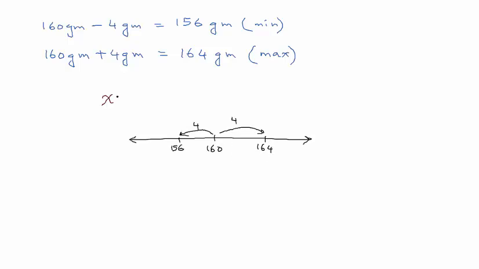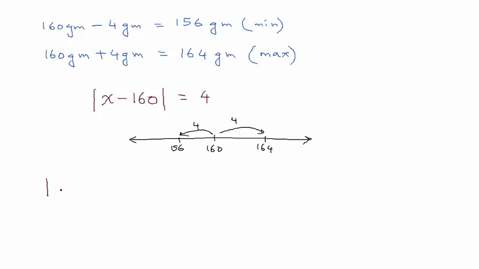So we could say our number x is such a number that's exactly 4 units away from 160 on the number line. And we could write this information down in an equation form as |x - 160| = 4.